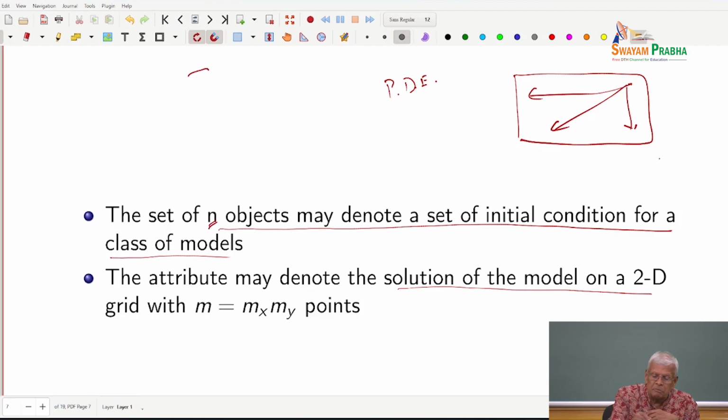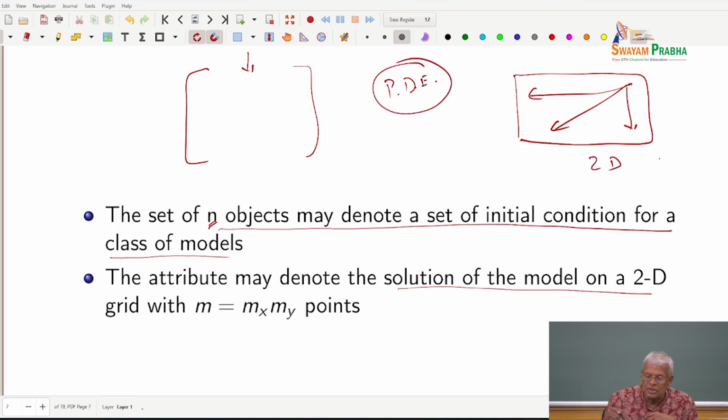So in my matrix, each column corresponds to the solution of the PDE over this two-dimensional space, and the solution is given by the column for that particular initial condition. If I change the initial condition, I get another column. Each of these columns represents the solution of the same differential equation starting from different initial conditions.